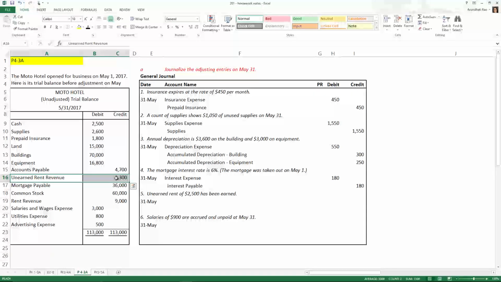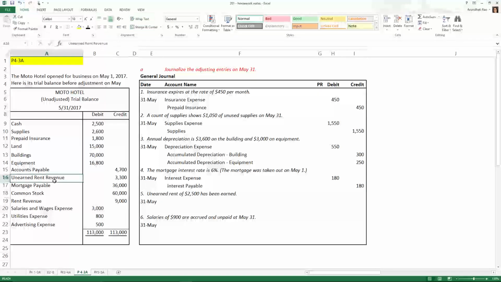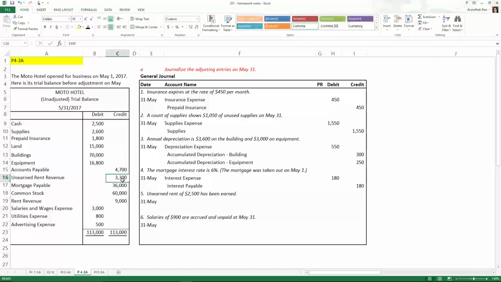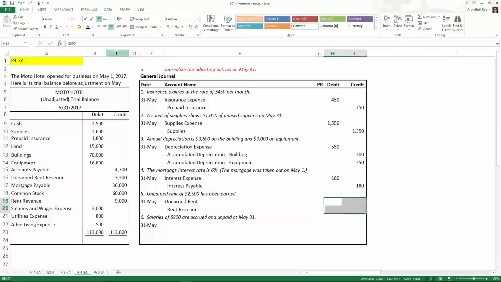Of the $3,300, $2,500 has been earned, which means it's no longer a liability. A liability has a credit balance. In order to decrease the liability, I will debit the liability, unearned rent, and now I can call it revenues. So I'll credit rent revenue. And we were given that amount, $2,500. We didn't have to calculate it.